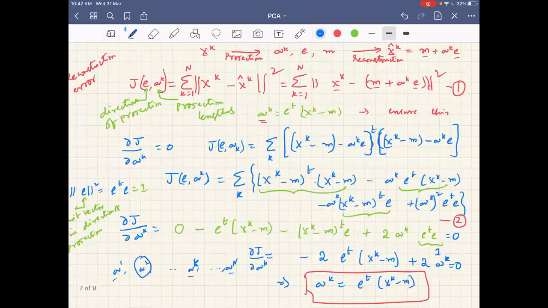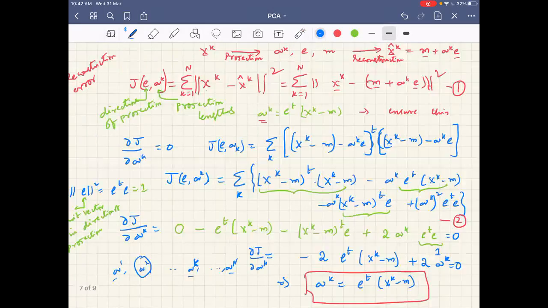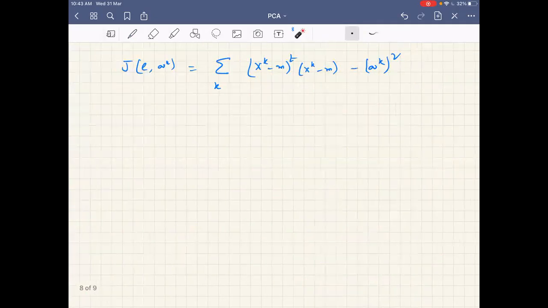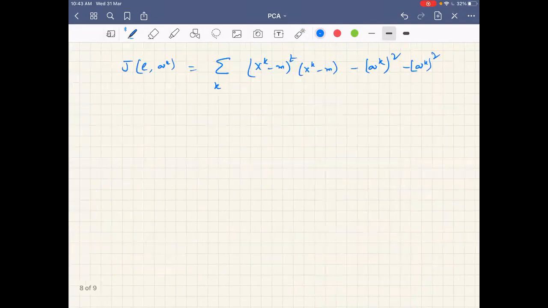Similarly, the third term. Third term is what? How can I rewrite the third term? Please quickly tell. Same, sir, AK square. The AK square, because both are essentially the same. Okay, 2 into AK square. Shall I write 2 into AK square or separately AK square? Okay, fine. Then what is the fourth term? AK square. Okay.